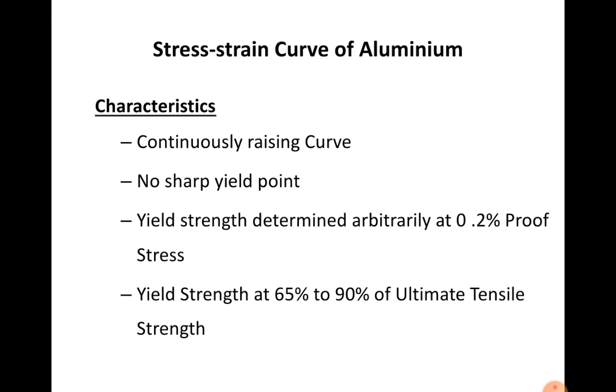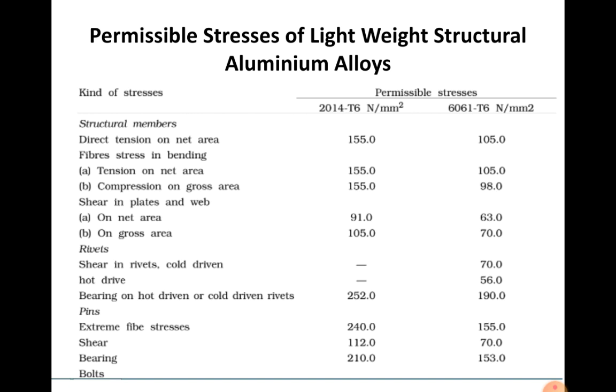There is no sharp yield point, and the yield strength is determined arbitrarily by taking 0.2 percentage proof stress, and the yield strength is around 65 to 90% of that of the ultimate tensile strength. The various other permissible stresses of lightweight structural aluminium alloys 2014 T6 and 6061 T6 are given in this table.